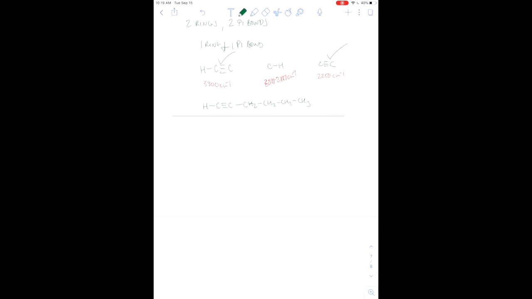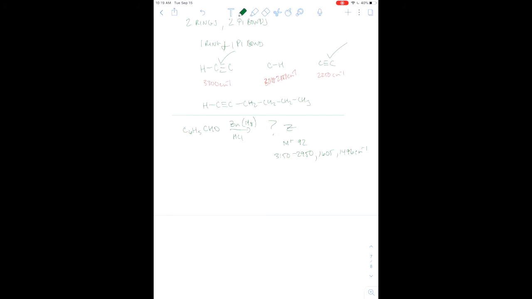Now, that's not the only type of question that you can get. What you can also get is, let's say you had this particular formula and it was treated with zinc and mercury as well as HCl, and then you end up with some unknown compound Z. The molecular ion of this is 92, and we have some absorptions of 3150 to 2950, 1605, as well as 1496 inverse centimeters.